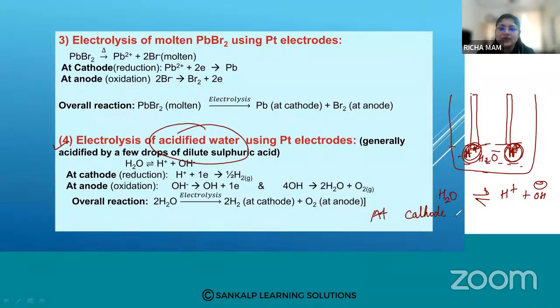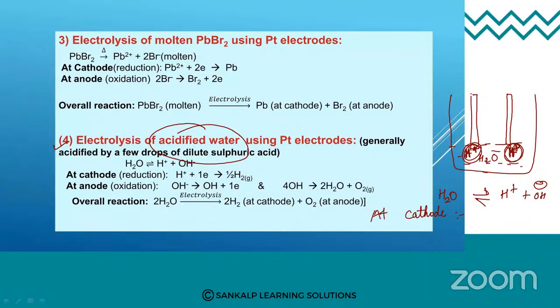At cathode, H plus plus 1 electron gives you half H2 gas. And at anode, that is oxidation, OH minus gives you OH plus 1 electron, or 4 OH minus giving you 2 water plus O2 gas.